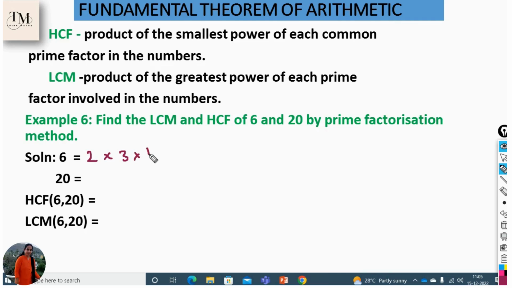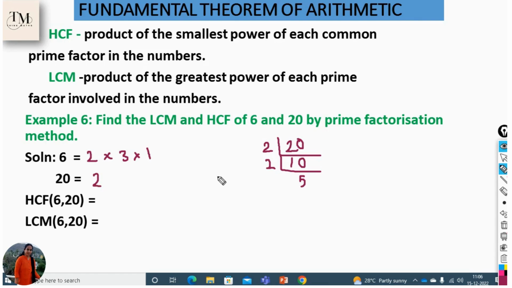This is the prime factorization for 6. For 20, as it ends with 0, I will start with the smallest prime number 2. 2 tens are 20, again 2, 2 fives are 10. So 5 is a prime number, so I stop here.